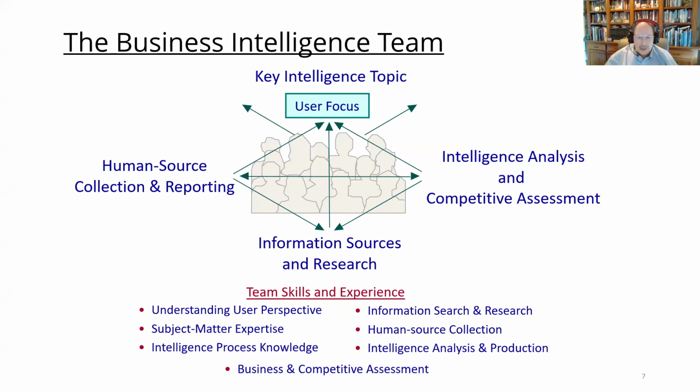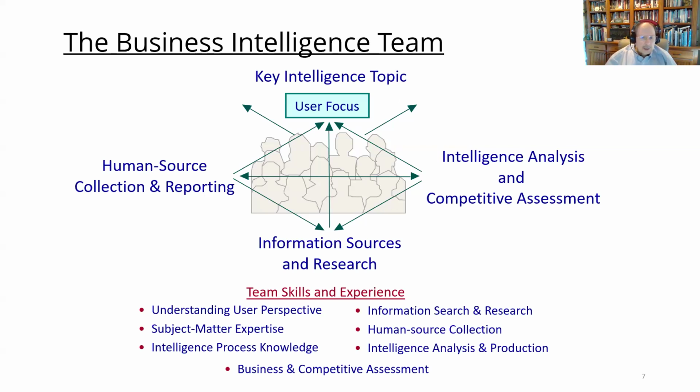And it's not the full-time job of the people to do it. They're called together on this team because they bring an expertise, one of which is listed at the bottom of this page. What you would normally see if there was an intelligence person, a lot of these characteristics that you see with skills and experience on the bottom can be done by one person if they've been in the field for a long time.